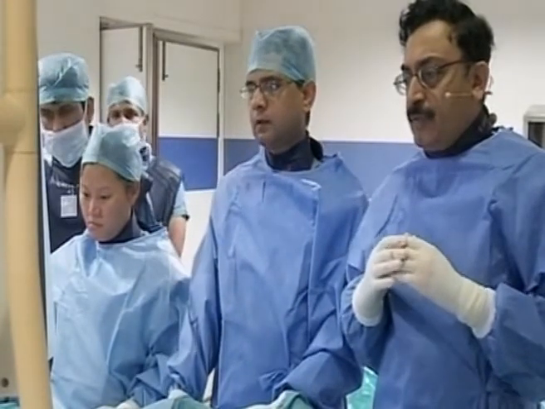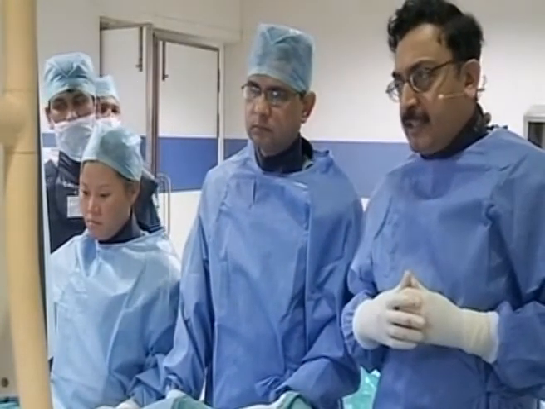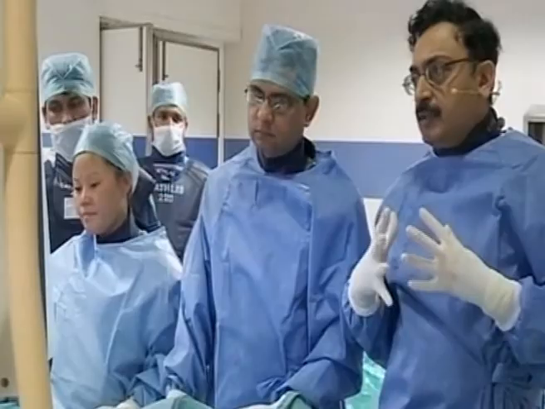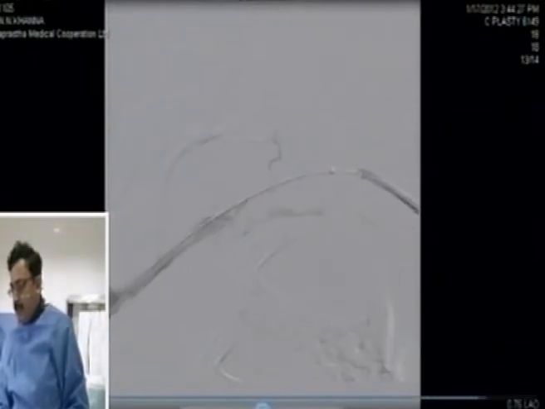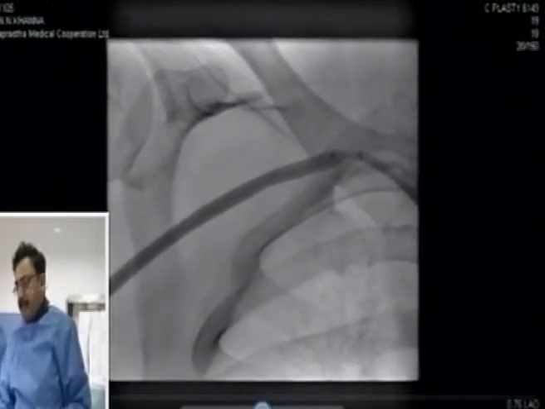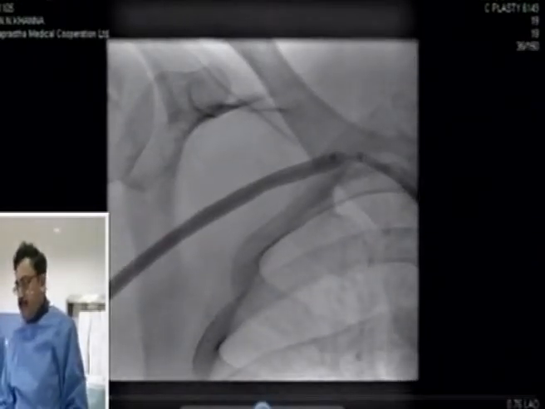Once we dilated it, because it opened with a lot of pressure, there was pain. There was a sort of perforation. If you see this, there is a leak, and there is an AV fistula which actually drains into the subclavian vein. So we took a balloon again and dilated it and tried to tack it for another 3 to 4 minutes.